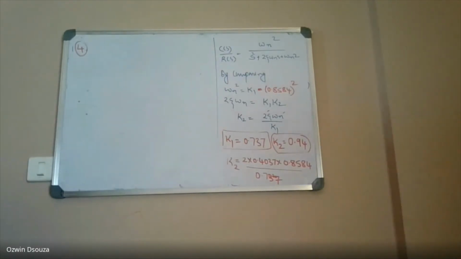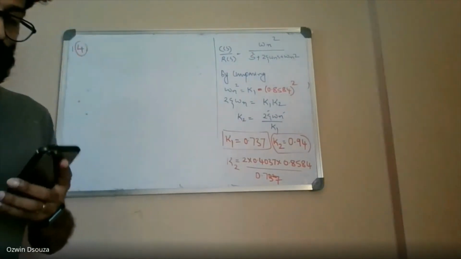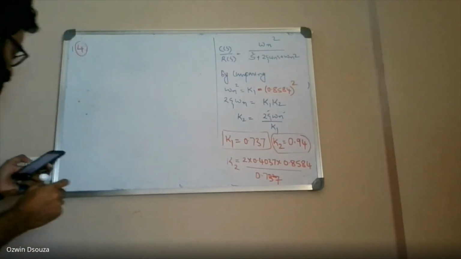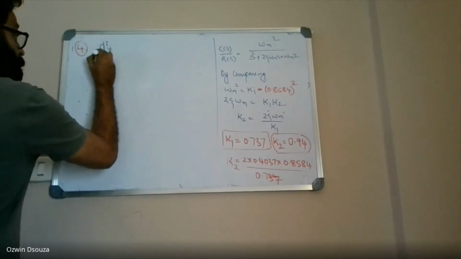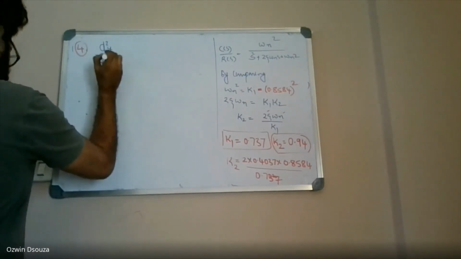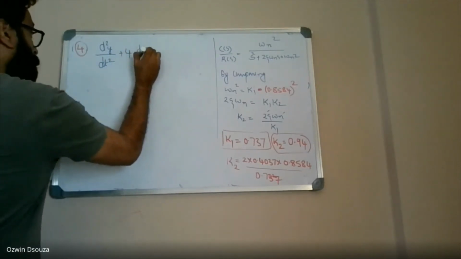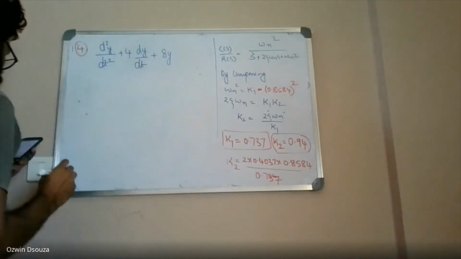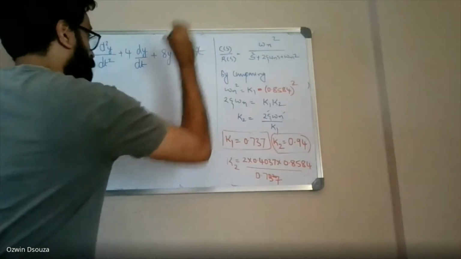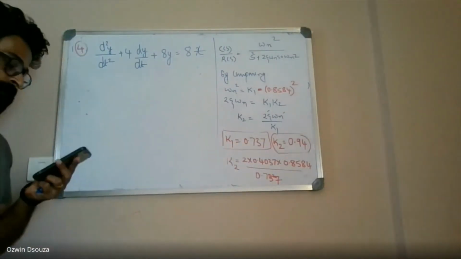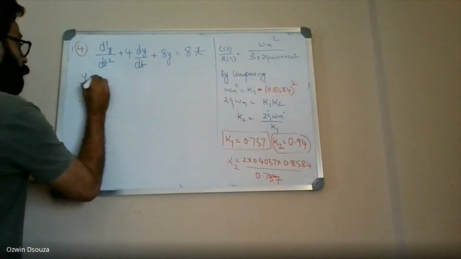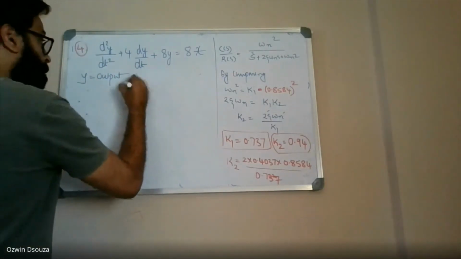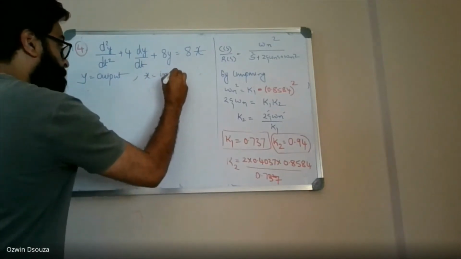Please take down. It says a system is given by a differential equation, where y is the output and x is the input.